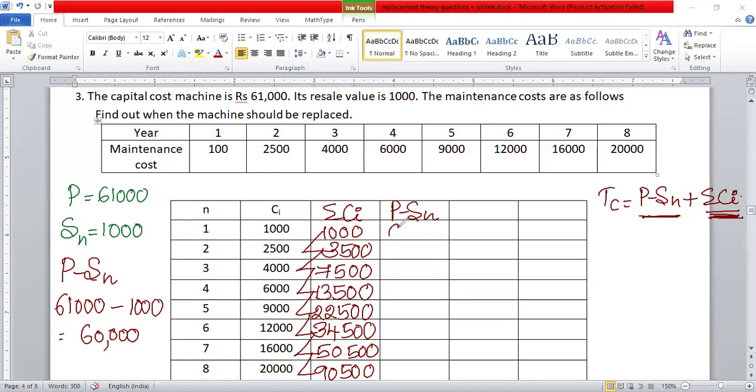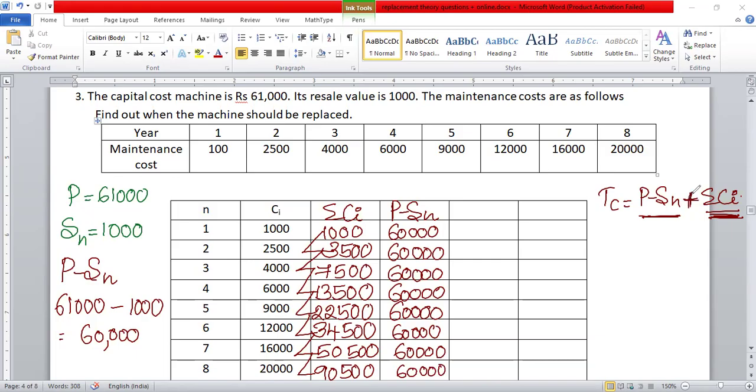So constant, we have to write 60,000 in the column. Okay, done. Now TC is not completed.